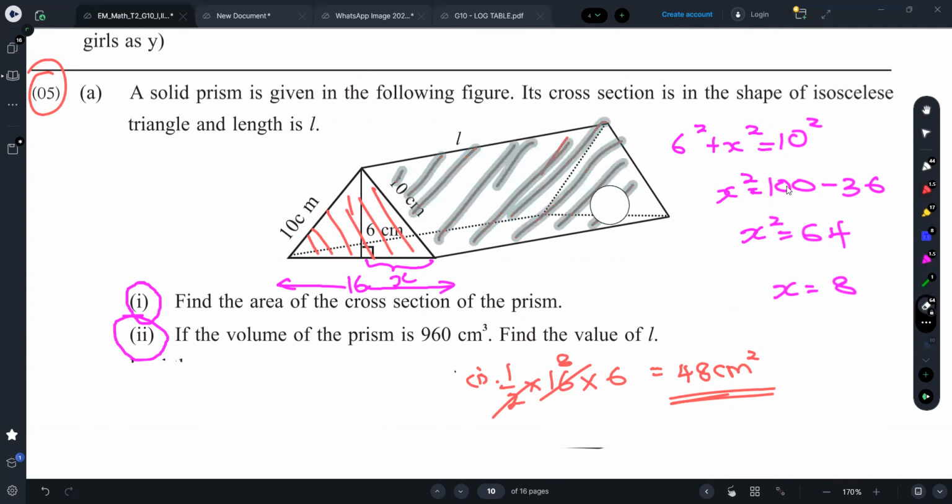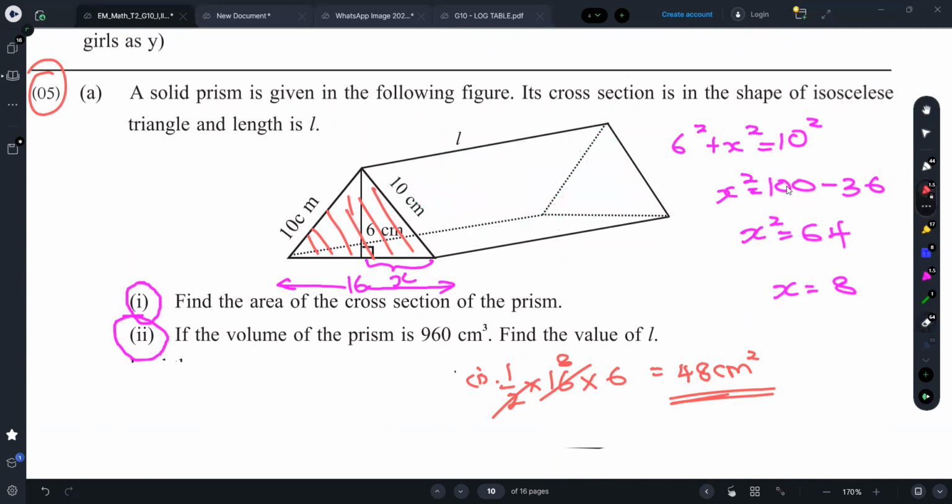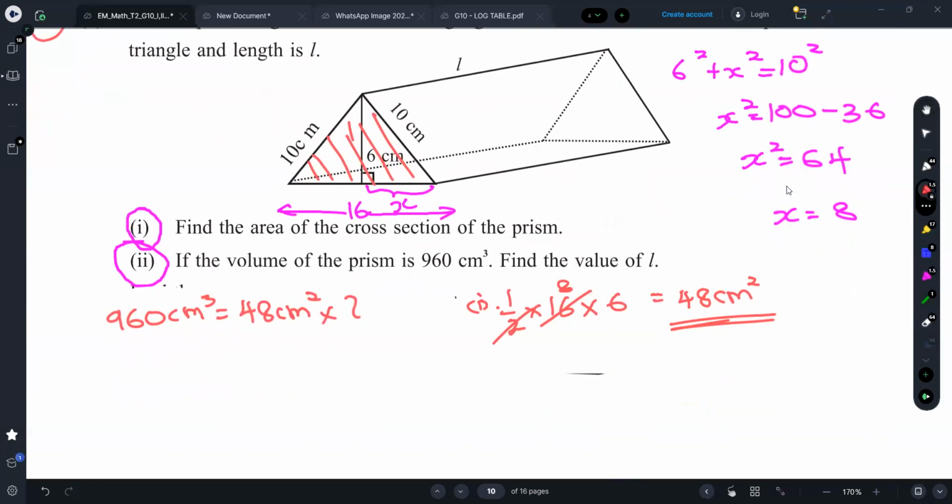Then volume is cross-sectional area into length. Then volume 960 centimeter cube equals 48 centimeter squared multiplied by L. L equals 960 centimeter cube divided by 48 centimeter squared. One centimeter is remaining.